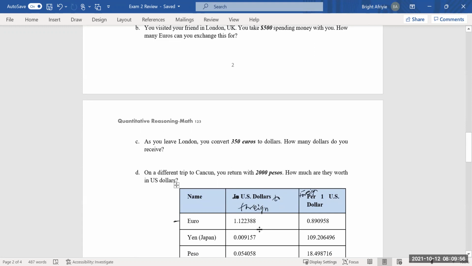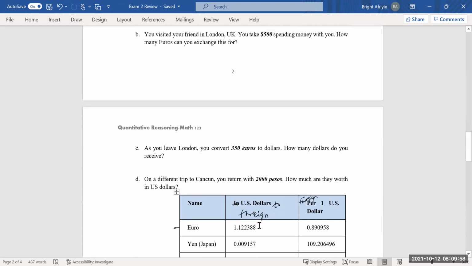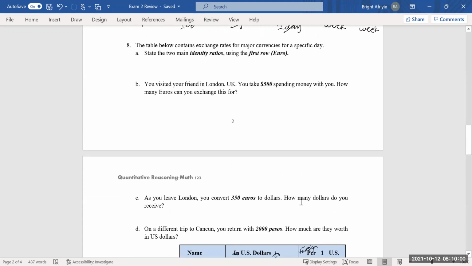So for the first identity ratio, we're going to do 1.1, in US dollars, to 388, and that is in US dollars, and then this is 1 euro. So that's the first identity ratio.